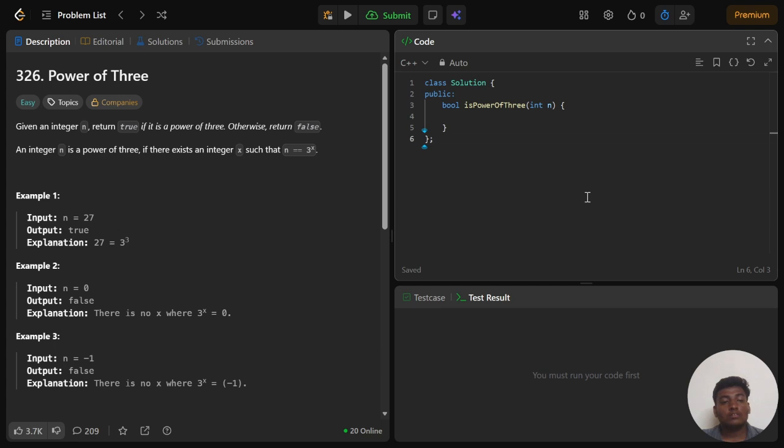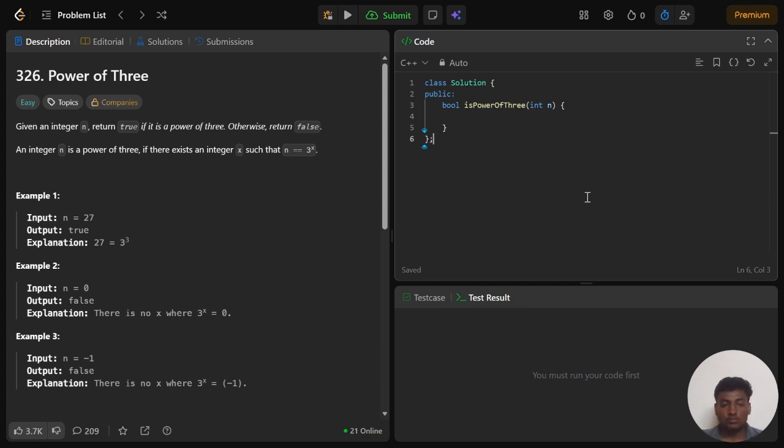Here is example 1: n equals 27. Let us say the integer x is 3. So 3 raised to power 3 is 27, so it is correct that 27 is a power of 3.